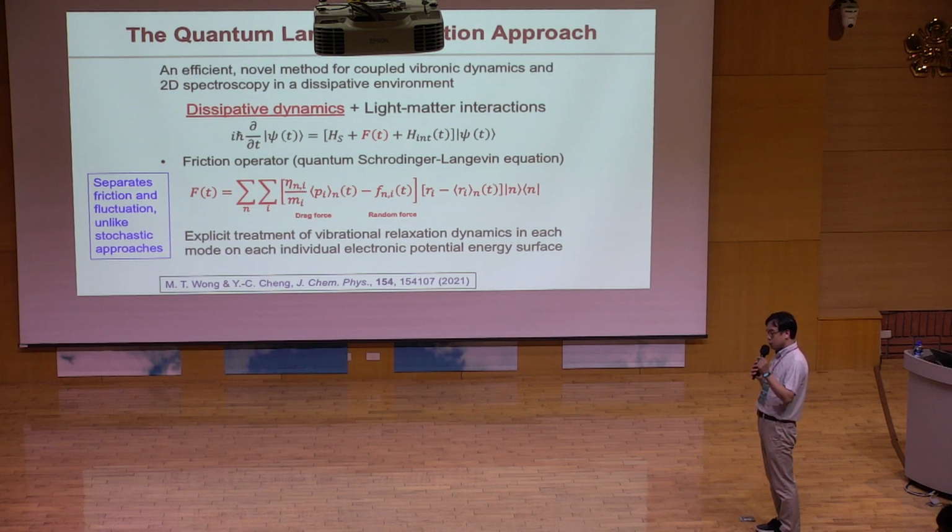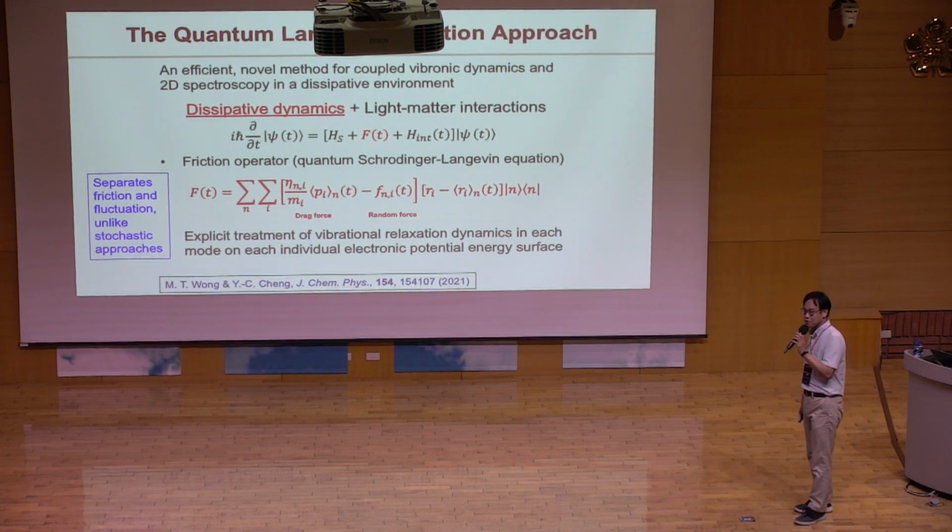But in order to treat vibrational dynamics correctly, we need to include many, many vibrational states, and the size of the vibrational space grows exponentially. You include 2 modes, 3 modes, 4 modes, and it grows exponentially. It's very difficult to treat. If you use a quantum master equation approach and treat the problem using a density matrix, it's a huge n to the 4th order. But using a wave function, it's more manageable. That's why we developed this wave function-based approach. Okay, thank you.